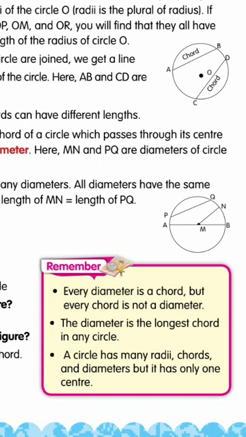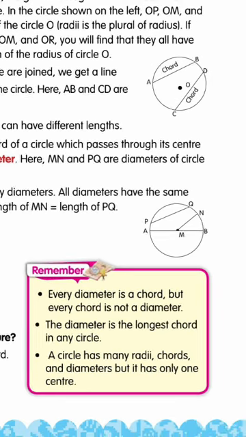How? Every diameter is a chord because a diameter also joins 2 points of the circle. But every chord of a circle does not pass through the center. For example, here PQ does not pass through the center of the circle. So PQ is a chord but not a diameter.